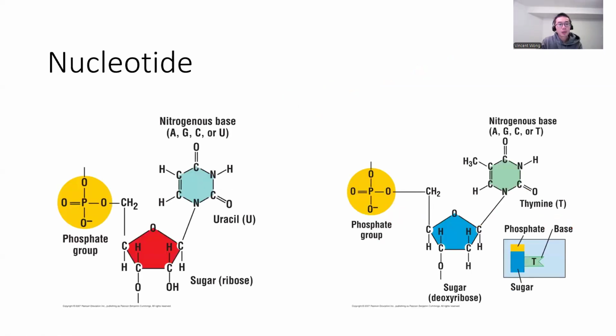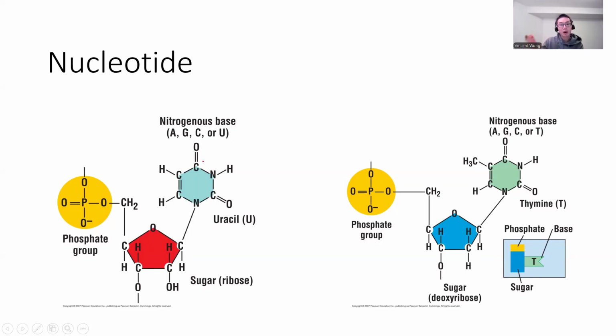Let's take a closer look at the nucleotide. The nucleotides, again, these are the building blocks, the monomers for nucleic acid. We see the phosphate group here, the PO4. It's connected to a sugar and a nitrogenous base.